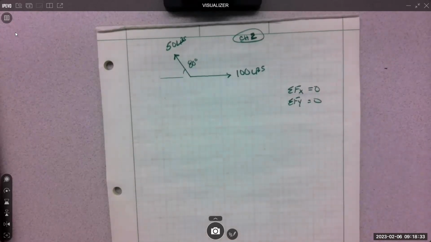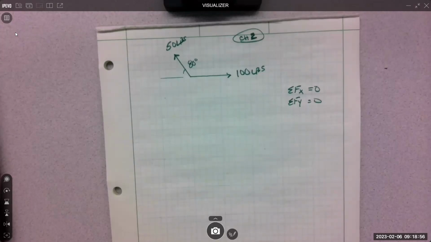Meaning that all of these effects in the left and right add up to 0. That's what's going on in the building right now that we're in. All of the forces in the Y equals 0. The building's not going into the ground. It's sitting here. And the wind's blowing on it, but it's able to resist the wind.